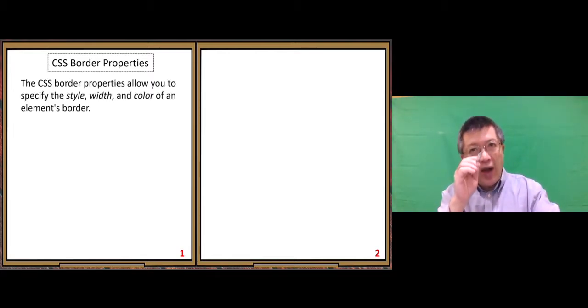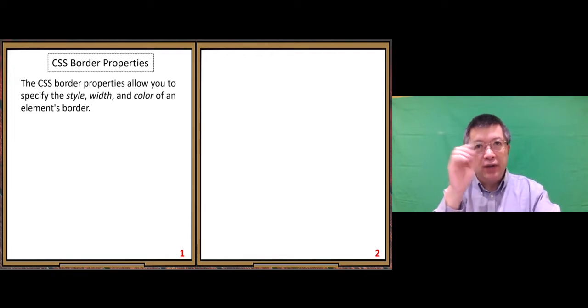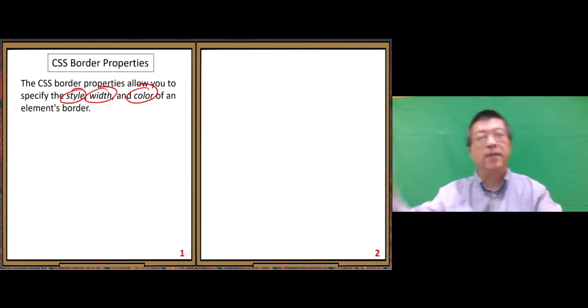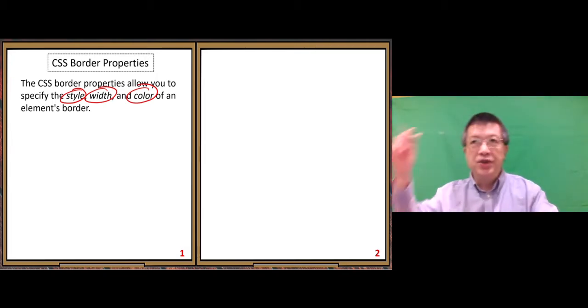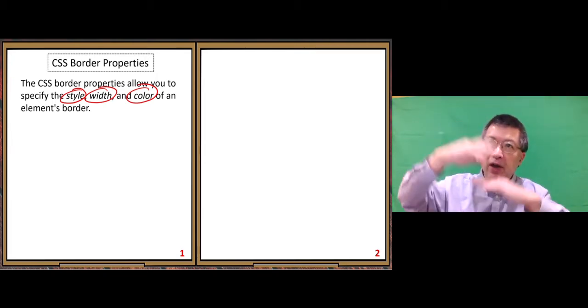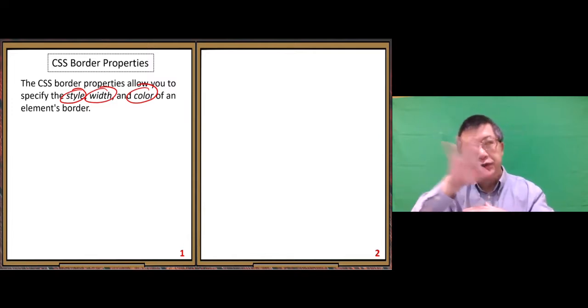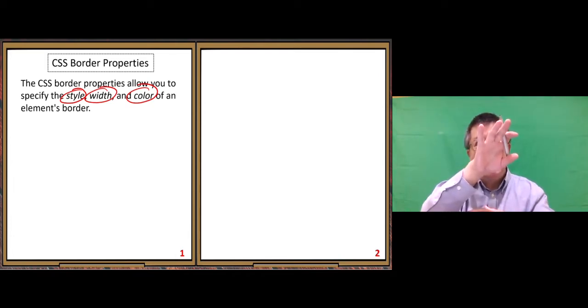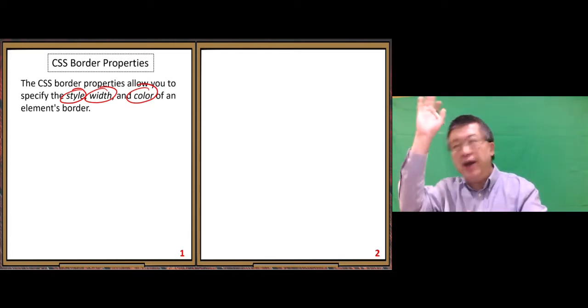Here, when we describe the style, several things we need to provide information, style, with color. So we can use a set of rules. Property name value pair, right? Remember the property name value pair.